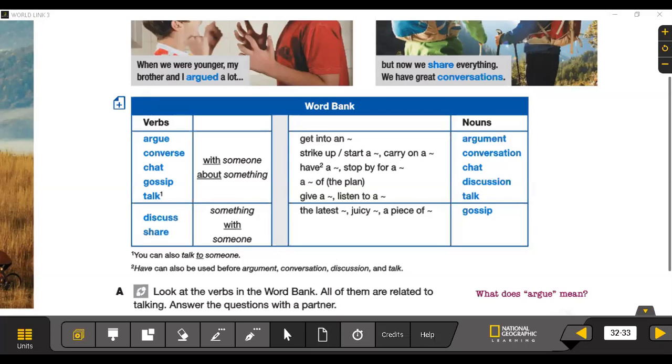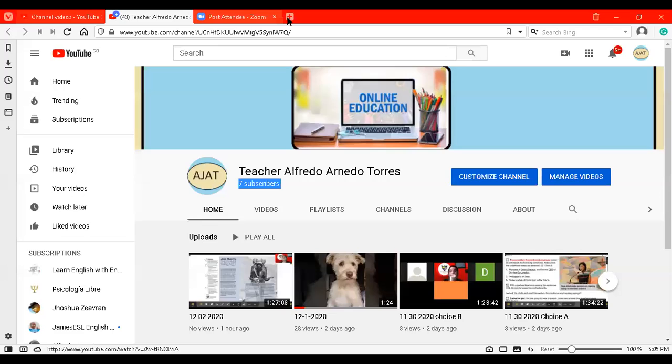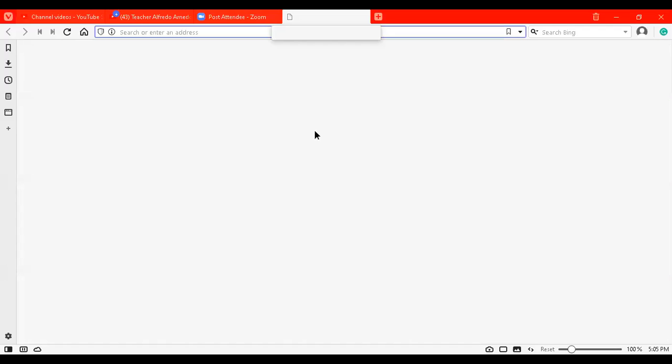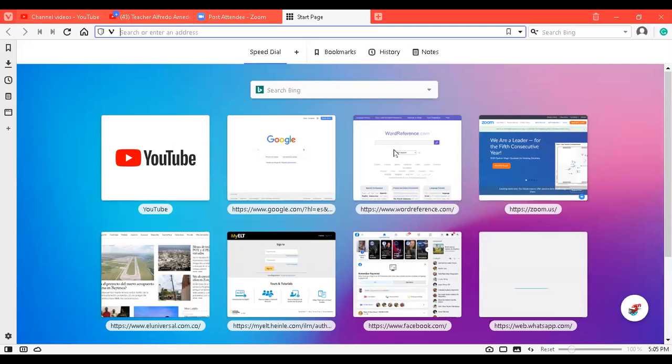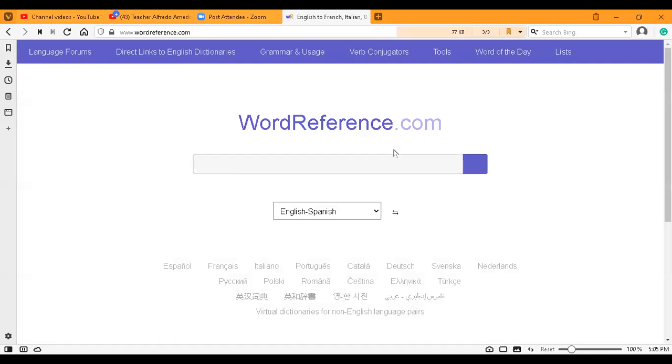Bien, entonces, ahora sí, let's go back to the PowerPoint presentation. I think that maybe we need to clarify that part. So let me show you here the internet browser. Let me open the internet browser. Now let me open WordReference because I want you to be clear with these words. It's very important to know the meaning of these words before, I would say, starting with this part of the lesson.